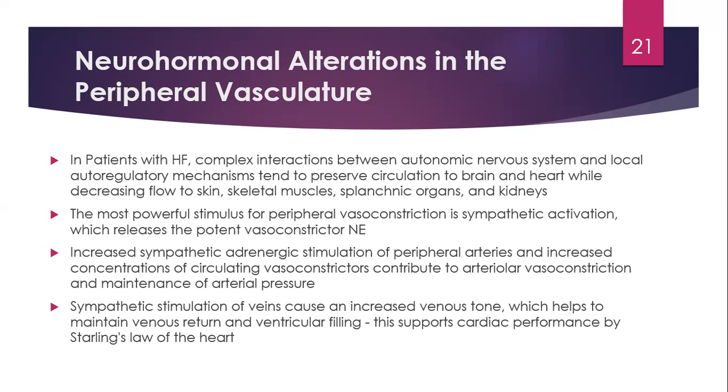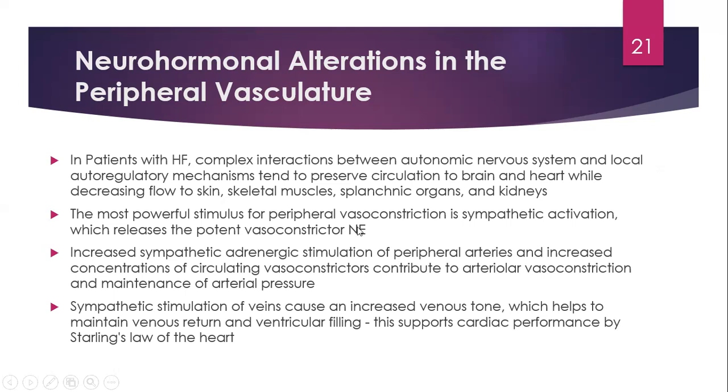So you get excessive vasoconstriction in the skin, the skeletal muscle, the splanchnic circulation, and the kidney, but you maintain blood flow to the heart and the brain. This comes about as a result of a complex interplay between your autonomic system activation as well as local mechanisms within the vasculature itself. So substances released by the endothelium, especially endothelin, cause vasoconstriction in the non-essential organs.